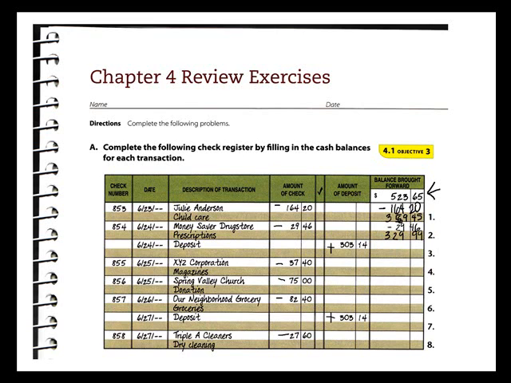Now we have a deposit. Whenever we have a deposit, if I currently had $329.99, but I made a deposit of $303.14, that will increase the amount that's in my checking account. So I'm going to add, they rewrite it, and that will make it $633.13.